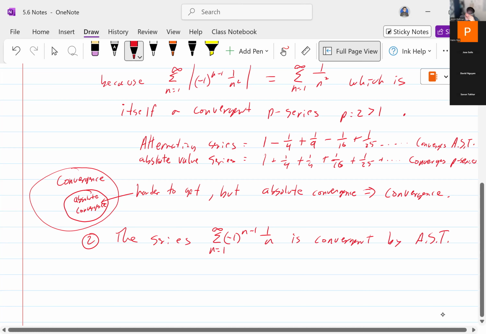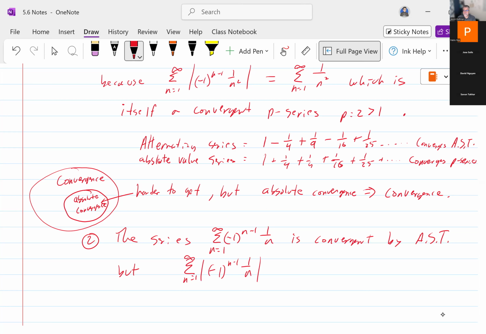But when I take the absolute value of every term, what do I get? If I take the absolute value of each of these terms, what would I end up with? The absolute value of 1 over n. Close. n is always positive, so do we really need the absolute value?